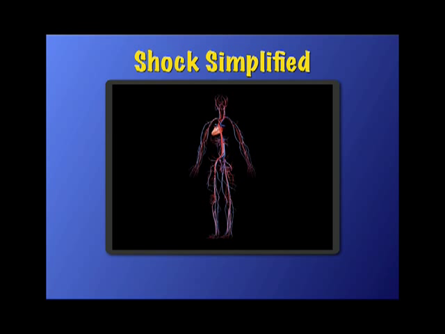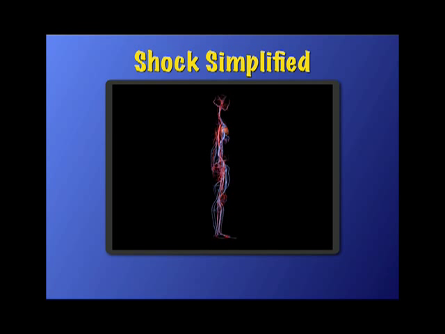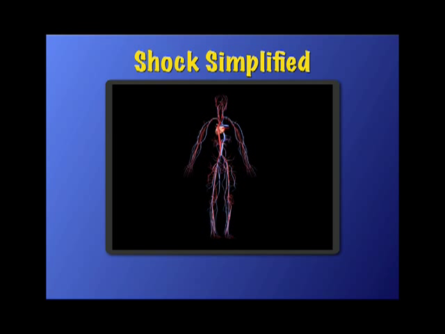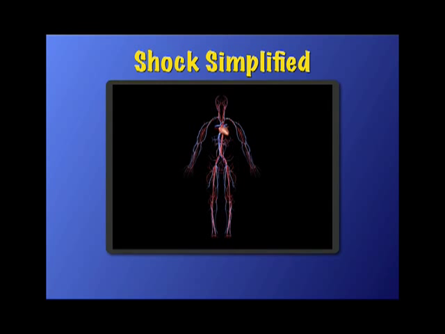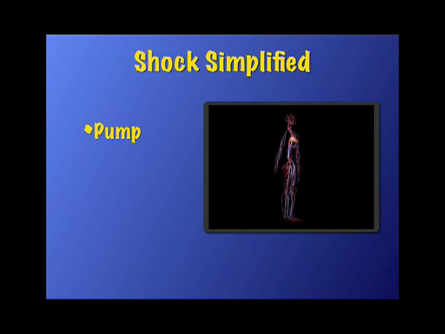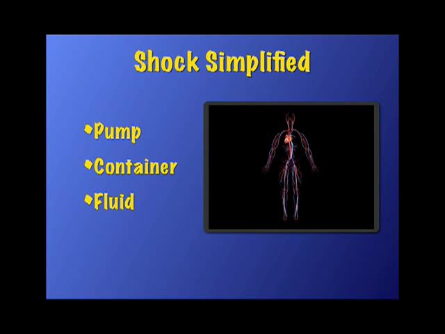Shock involves the circulatory system, and there are three basic components to the circulatory system. We have the heart, the vessels, and the blood. If you want to make that even a little bit simpler, we have the pump, the container, and the fluid. The pump is the heart, the container is the blood vessels, and the fluid is the blood.